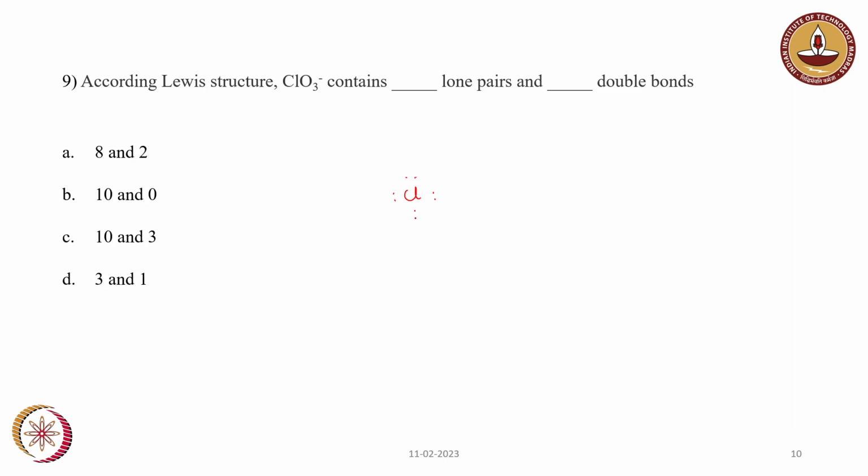So we'll add an oxygen with one extra electron, such that it shares that one electron with chlorine to complete the octet of chlorine. Oxygen has 6 valence electrons, so if we add one more electron, it becomes 7.